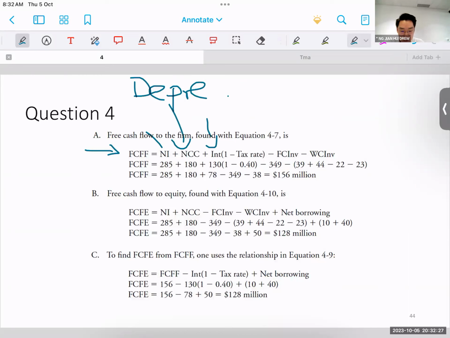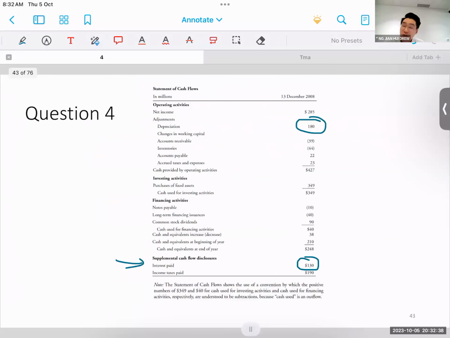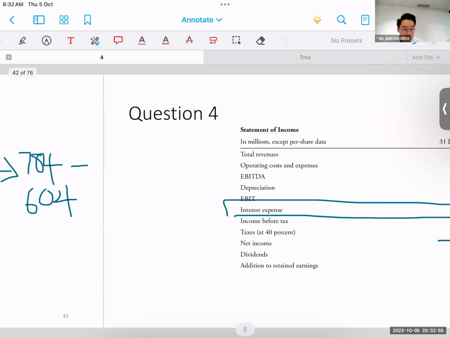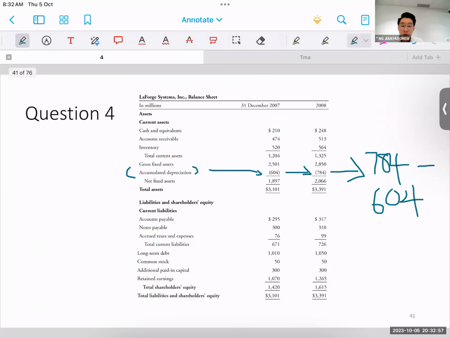Okay. All right. Next thing. FC invest. So basically this is the NCS, right? NCS, again, we can use the cash flow statement, which I love to use. NCS is basically your net capital spend, right? It means your purchase of fixed asset, your capex. So if you use the cash flow statement, straight away you can get the answer. However, if you want to use the balance sheet, that's fine too.